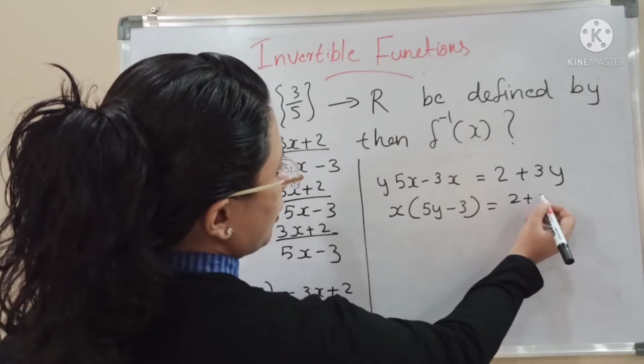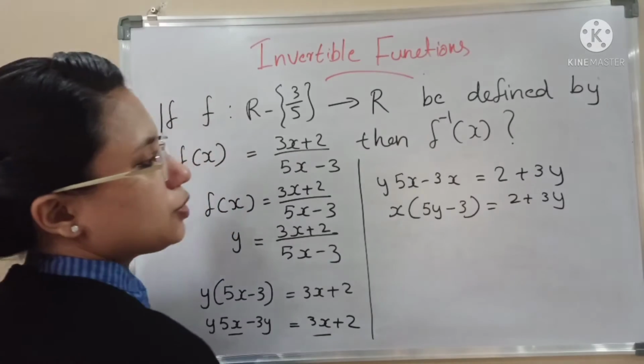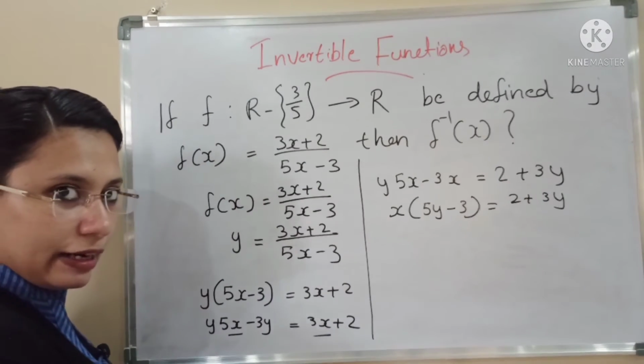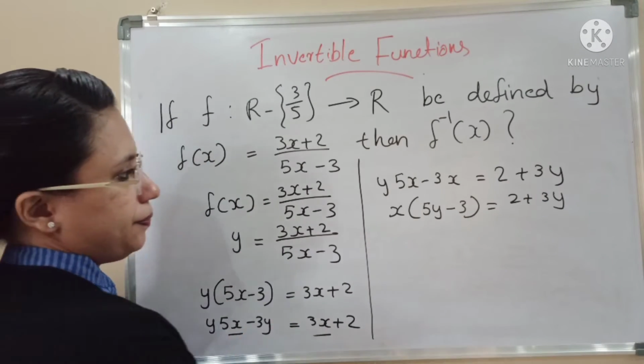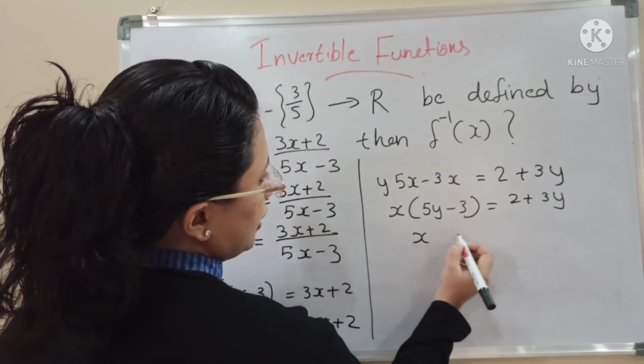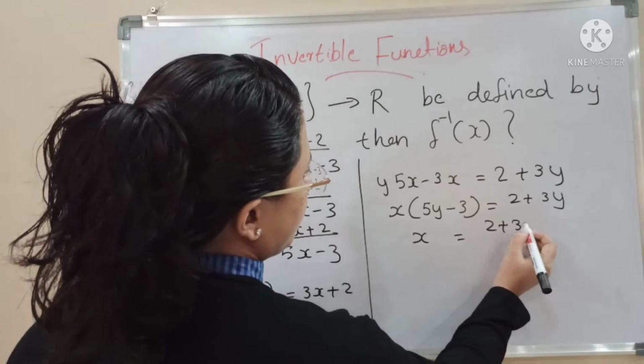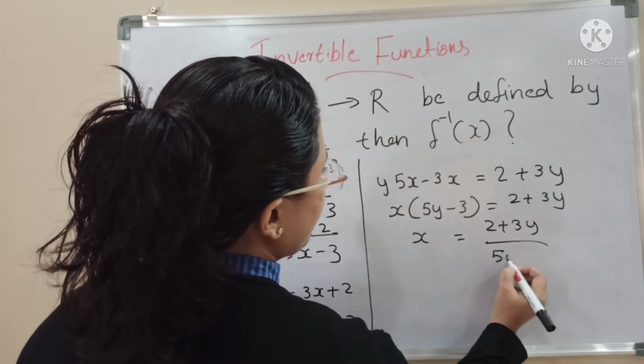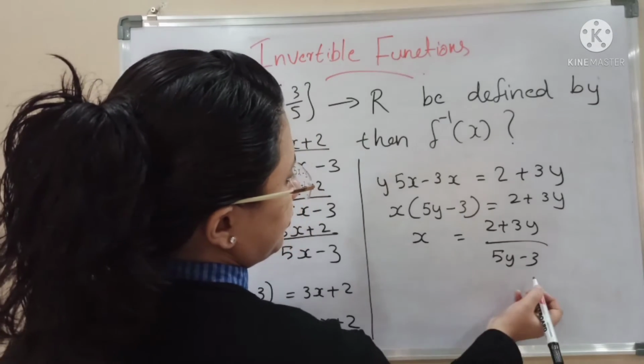We need the whole function in y, right? So we have to make the rearranging accordingly. x equals (2 plus 3y) over (5y minus 3).